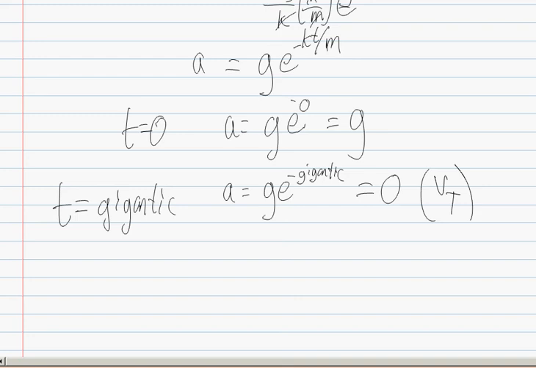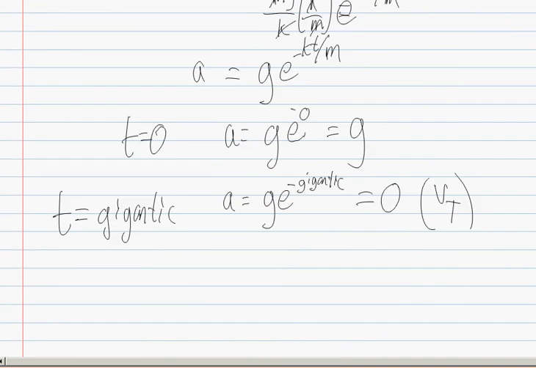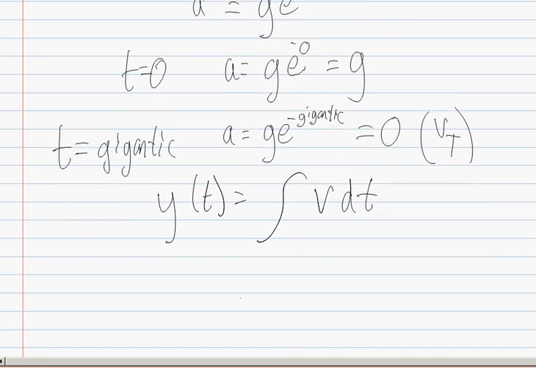We can work backwards to find the position one, and I'm going to do that. I don't know if quick is the right word, but it should work. Our last step is to find the position function as a function of time. And we know that y as a function of time is just going to be the integral of v dt. You can see this is just going to be kind of a mess.